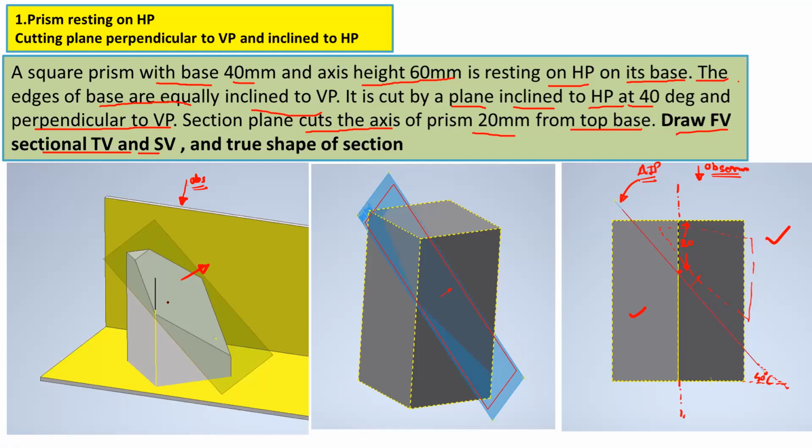Okay. And if you want to draw the true shape of the section, then we have to observe in the perpendicular direction to the auxiliary plane. So this is the direction. If you observe from this direction, then you will get the true shape of the section. Okay. So the true shape of the section is similar to the side view of the section. So we have drawn the right hand side view.